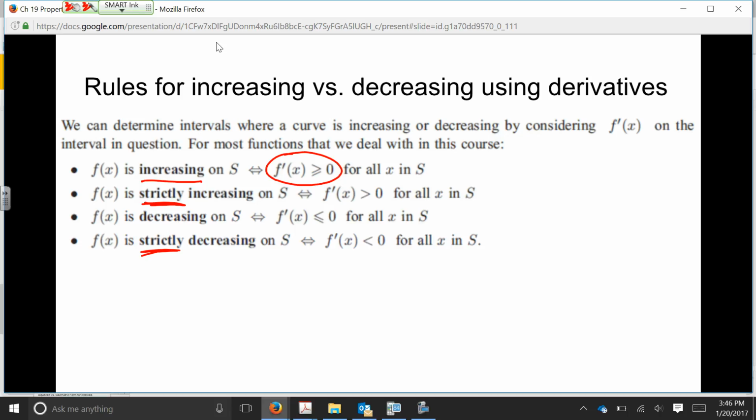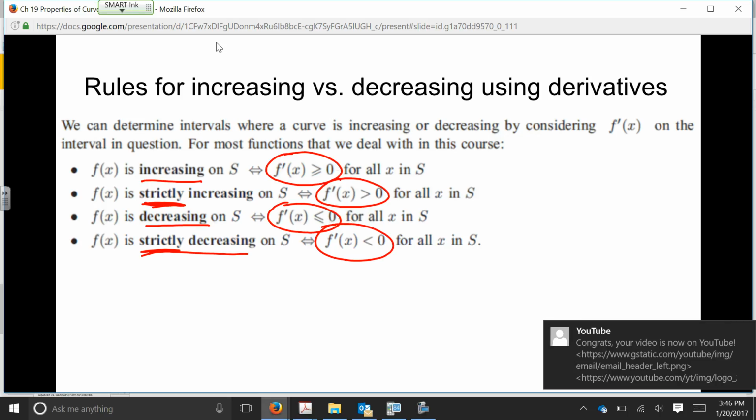But if we're saying strictly increasing, now we're not including 0 in that inequality. You have to say the derivative has to be exactly positive. Okay? And the same thing for decreasing. If it's just decreasing, the derivative can be less than or equal to 0. But if it's strictly decreasing, then it has to be negative. Can't include 0 there. So small but important.